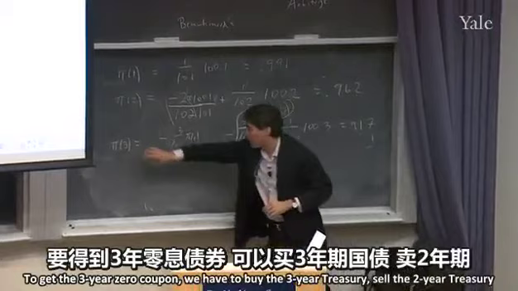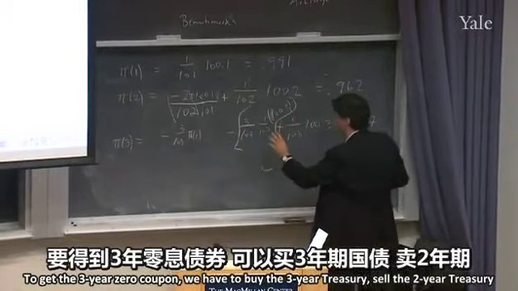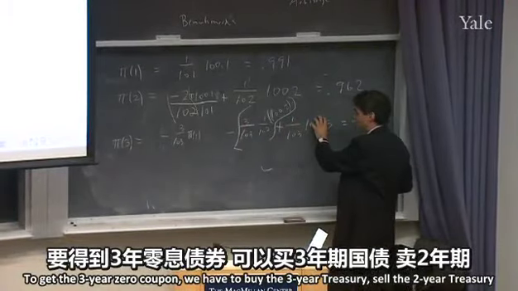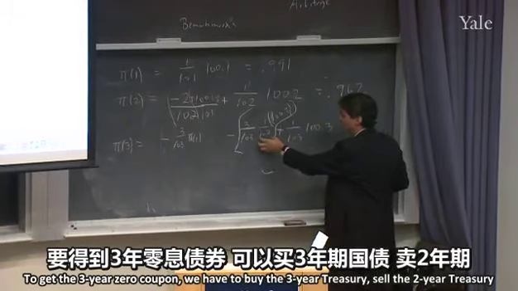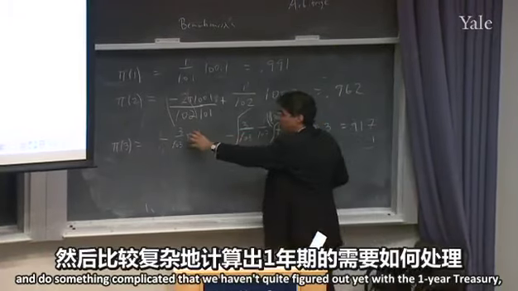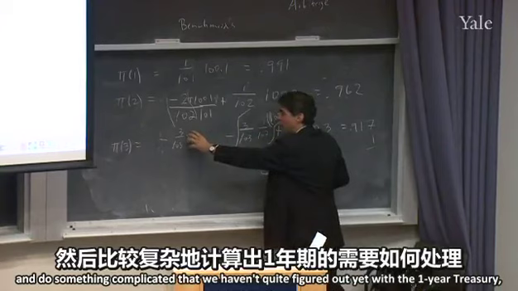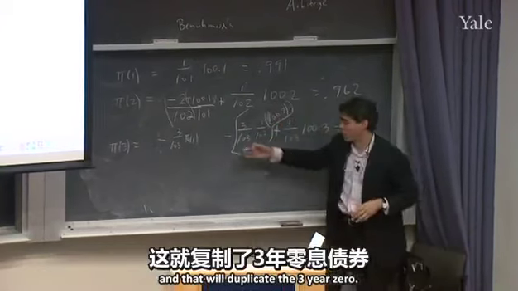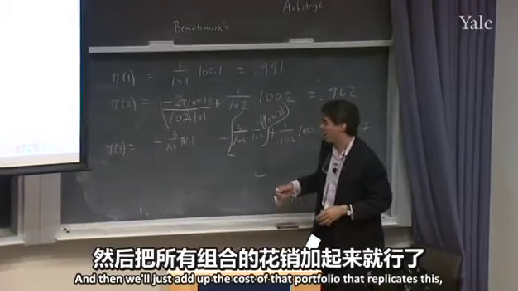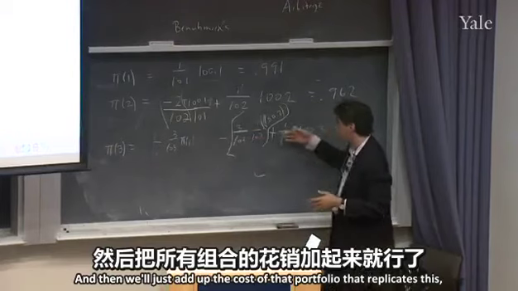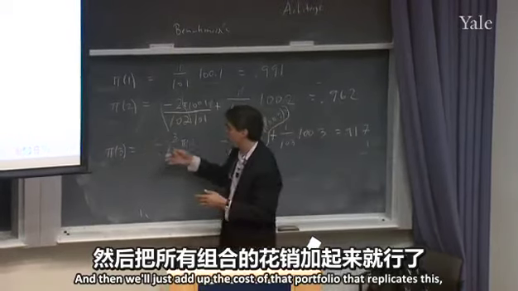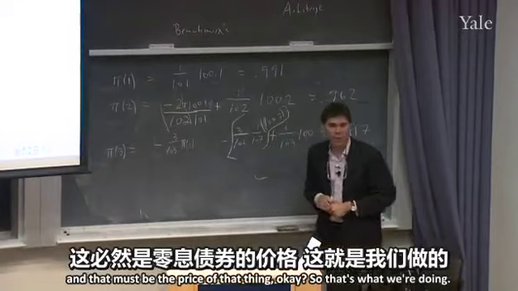Right? To get the 3-year zero coupon, we have to buy the 3-year treasury, sell the 2-year treasury, and do something complicated that we haven't quite figured out yet with the 1-year treasury. And that will duplicate the 3-year zero. And then we'll just add up the cost of that portfolio that replicates this, and that must be the price of that thing. Okay, so that's what we're doing.